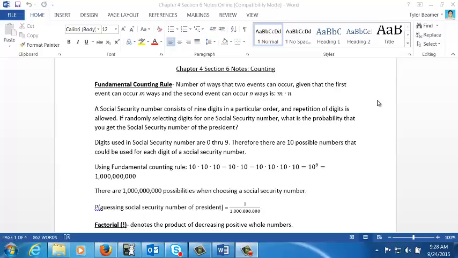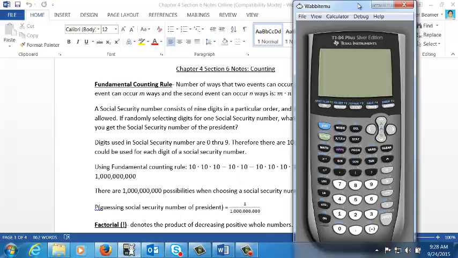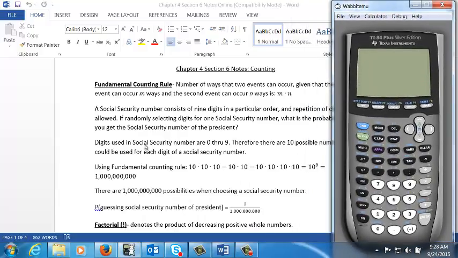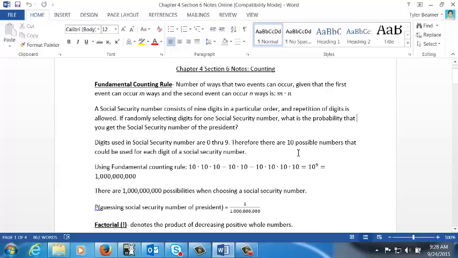So the fundamental counting rule, you could use your exponential button on your calculator to do that. I think most people know how to use your exponential button. So in this first example, we're looking at Social Security digits. How many possible number combinations are there for randomly choosing a Social Security number?